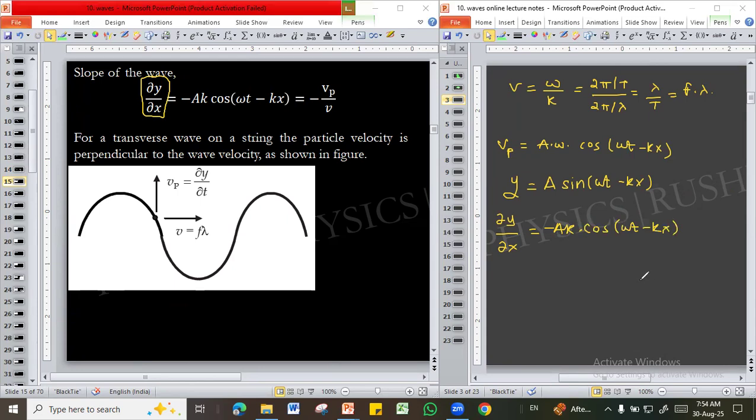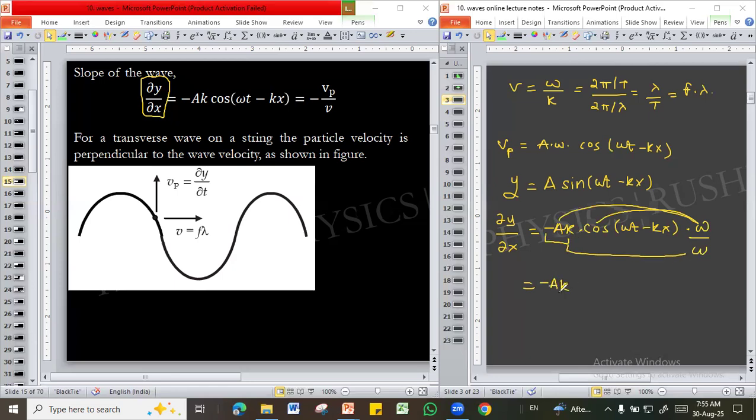Now, what we will do? We will simply check how to bring this particle velocity into this slope. You can check, this A is available, this cos is also available. So what is not available? Omega. So multiply by omega, divide by omega. Now this A omega and cos(omega t minus kx), this minus k as it is, and this omega also as it is.